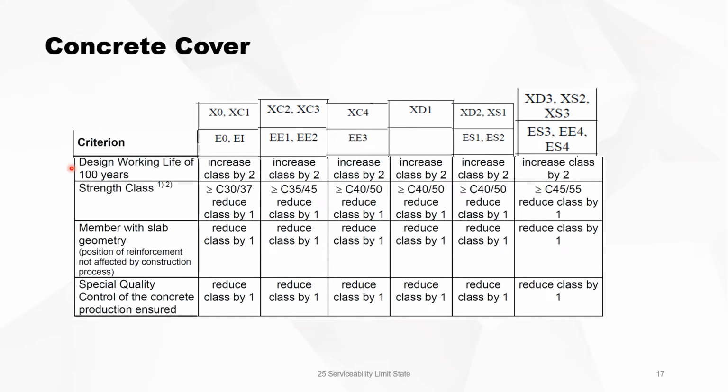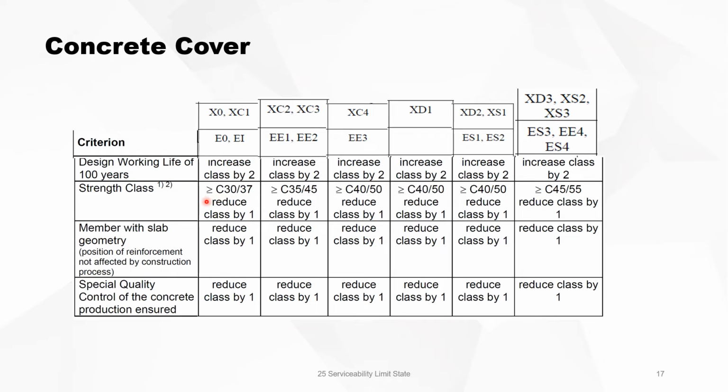For instance, if you want to have a design working life of 100 years, and you have just a normal building, which is 50 years, and you want to design it for 100 years because a client asks, then you must increase your structural class by 2. For all environmental classes, you must add 2. So it means from S4 you go to S6, which is logical.